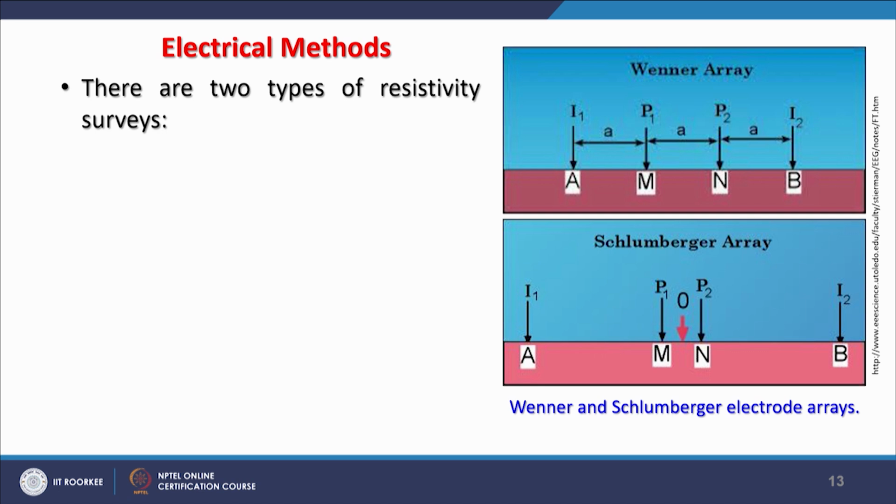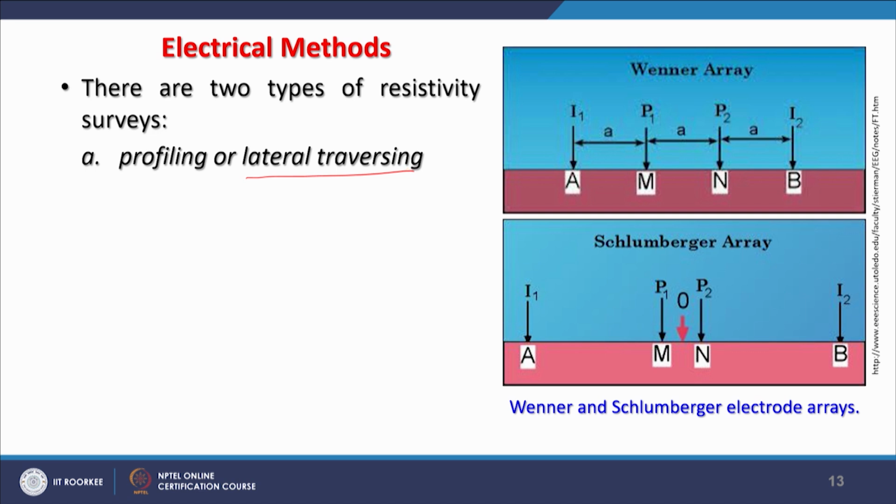So, there are two types of resistivity surveys, that is, one is profiling and lateral traversing. When we say profiling here, it means that we are going to have information along a line and a vertical section. We can move this line in the longitudinal direction and keep traversing, that is called lateral traversing.